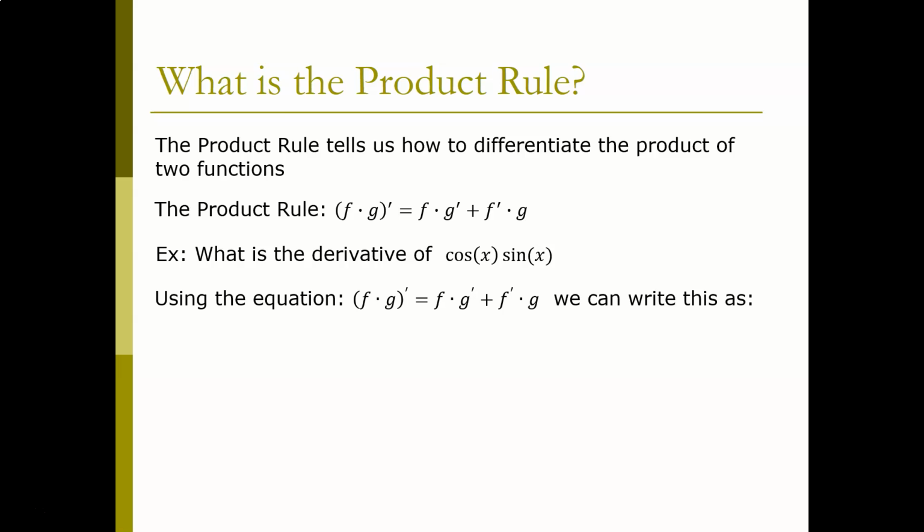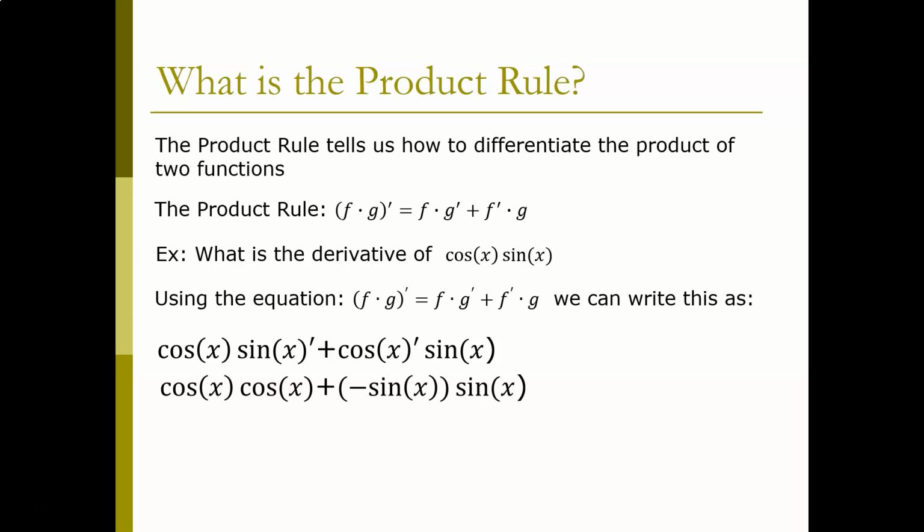So if we use the same equation, f times g prime plus f prime times g, we can write it as cosine x times sine of x prime plus cosine x prime times sine of x. Then if we use our basic derivatives, we know that cosine x would stay the same, but sine of x would turn into cosine x. The derivative of cosine x would turn into negative sine x, and sine of x would just drop down and become sine of x.